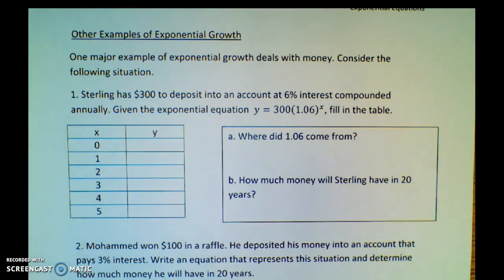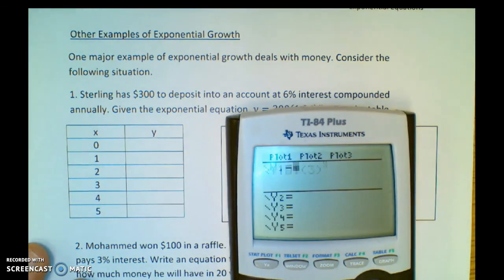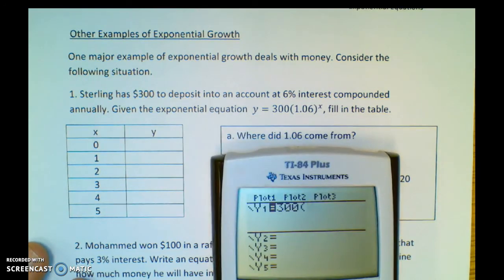Consider the following situation. Sterling has $300 to deposit into an account at 6% interest compounded annually. Given the exponential equation, y equals 300, parentheses 1.06 to the x, fill in the table. So let me put that in my calculator. 300, 1.06 to the x.